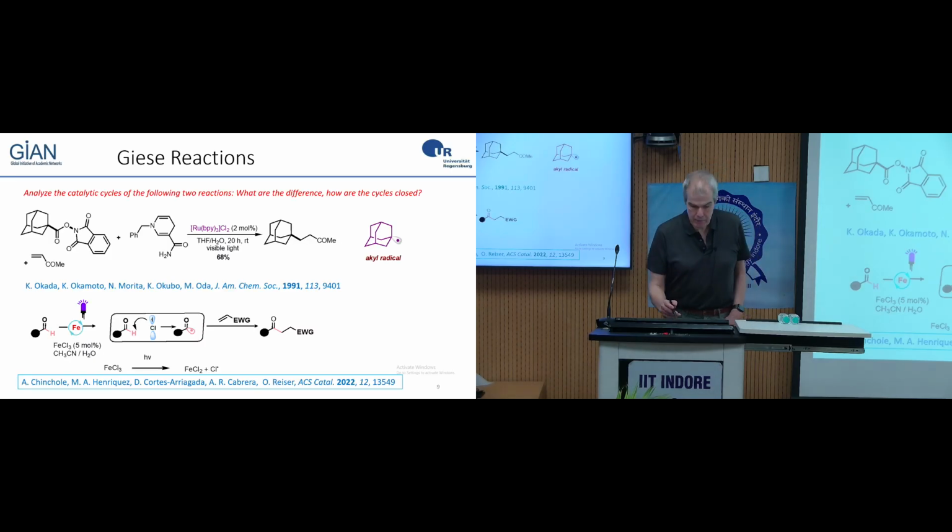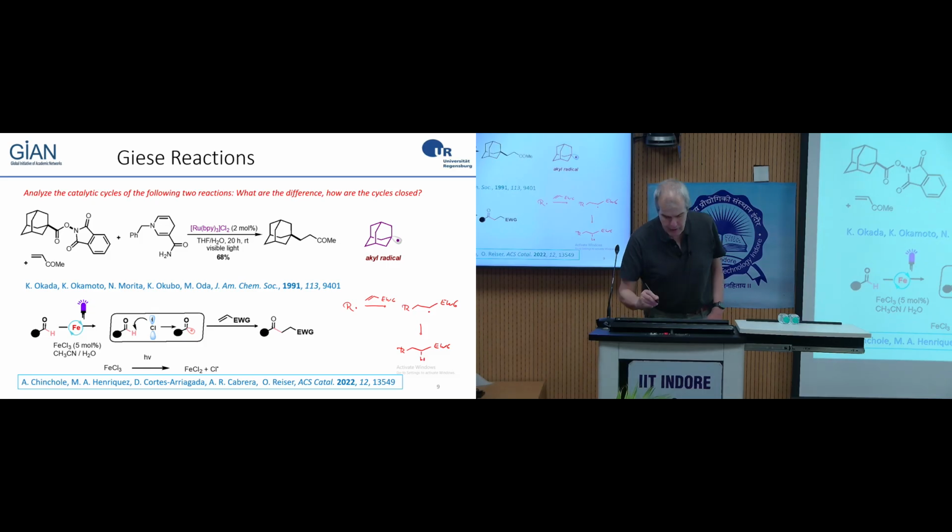You see, in both cases, it's one of these Giese reactions where you form a radical, and this radical will add to an electron withdrawing alkene, and you form the new radical, and then ultimately somehow the end product is having a hydrogen here.